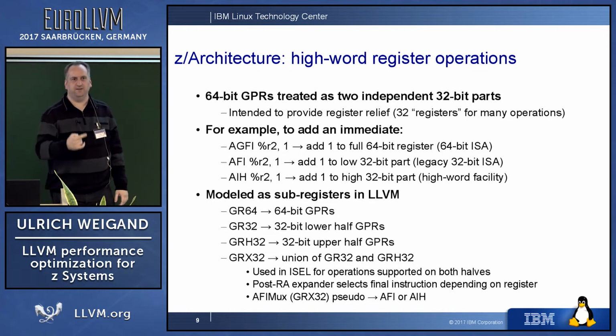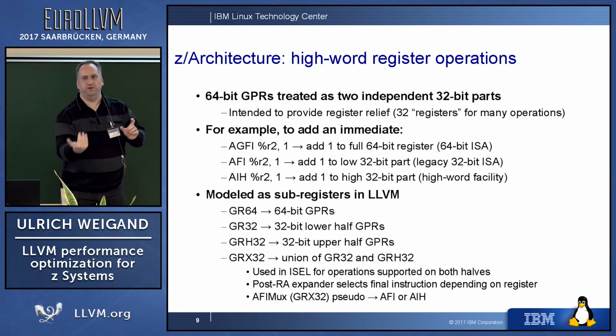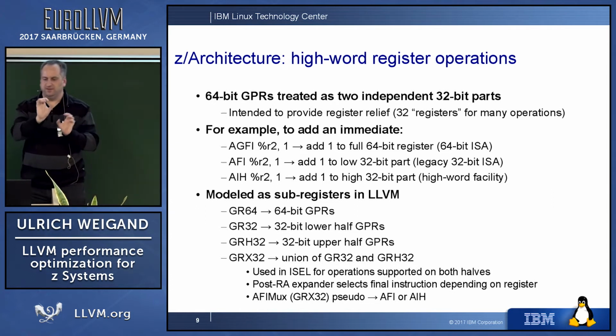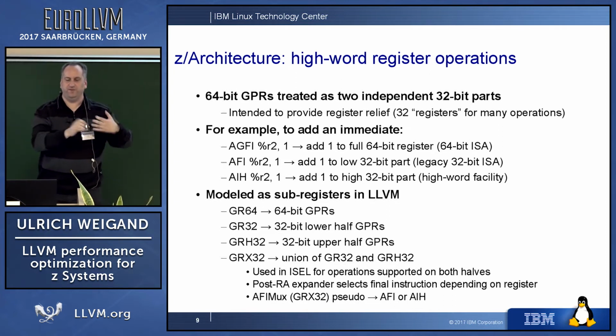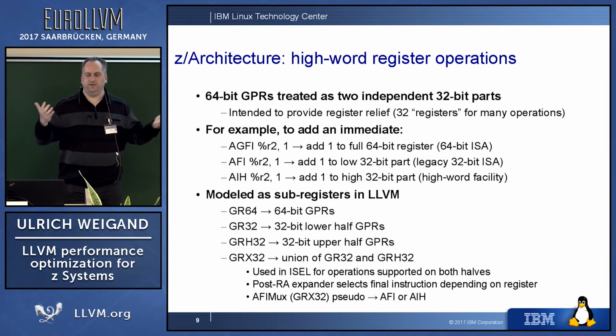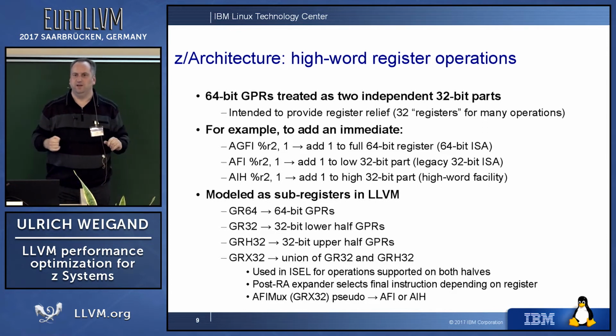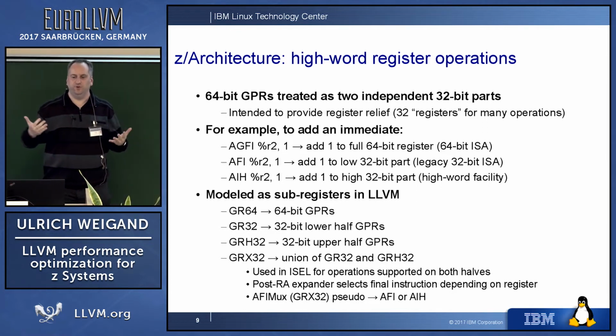Now what they added is another set of operations that operate on the high word. By using these operations, you can operate either on the low part of the register or on the high part and leave the other word unchanged, which in effect gives you double the register space if you only need 32-bit values.